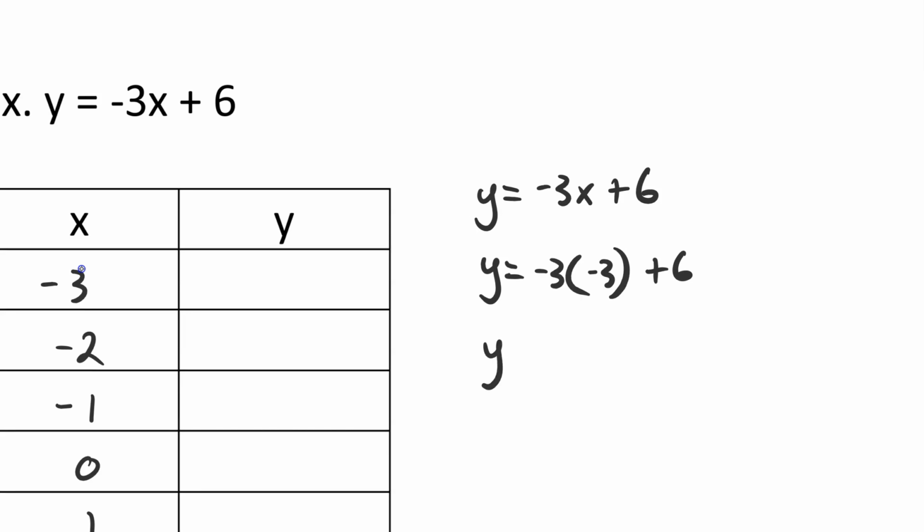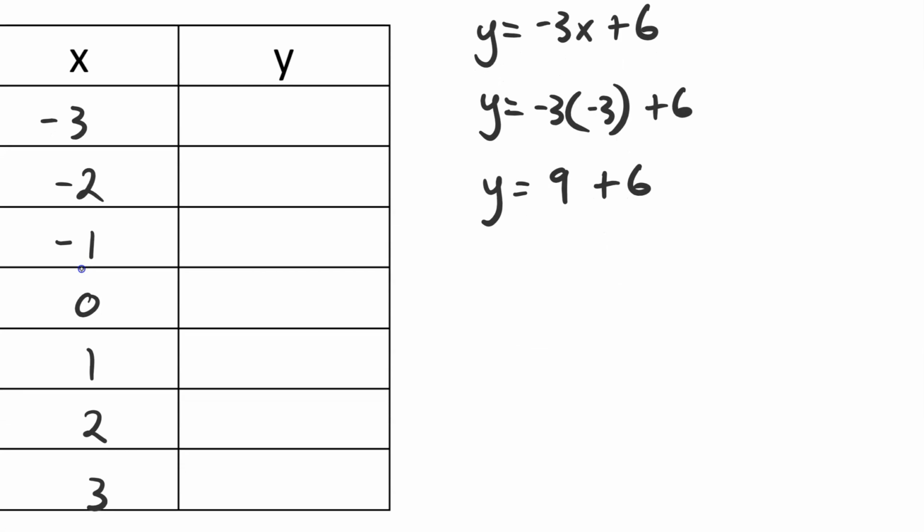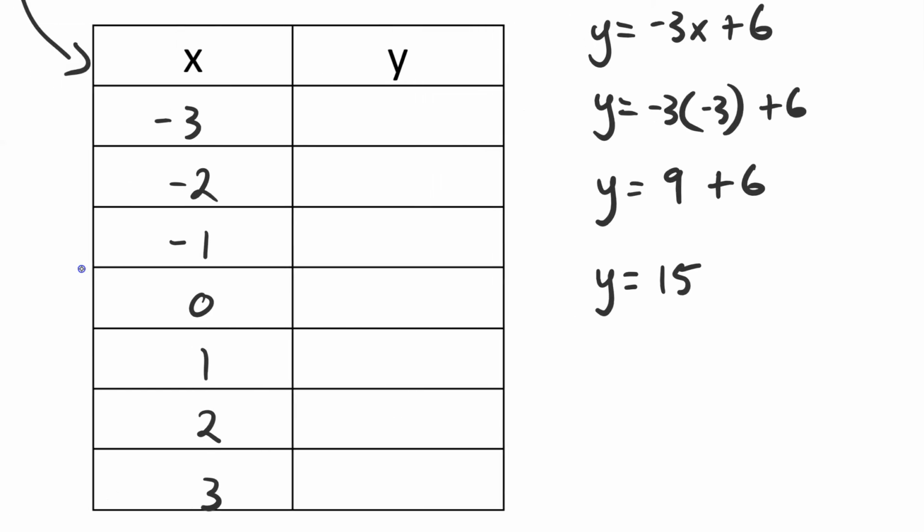Take this further, negative times a negative will result in a positive number, so you have 3 times 3, which gives you 9 plus 6. And to finish this off, 9 plus 6 will give you 15. So when we chose an x value of negative 3, we ended up with a y value of 15.